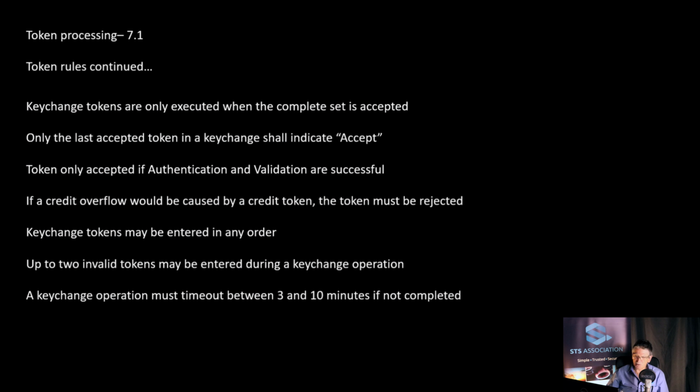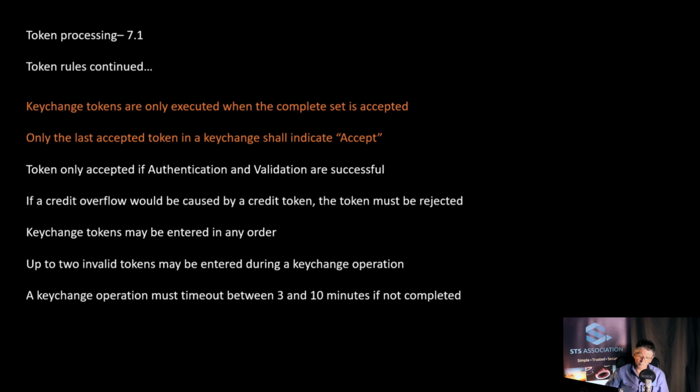Let's continue with the token rules. Key change tokens are only executed when the complete set is accepted. So do not start changing your meter key until all the tokens have come in on a key change set and all the tokens have been verified and are accepted. Only then do you change the meter key. Only the last accepted token in a key change set indicates accept.